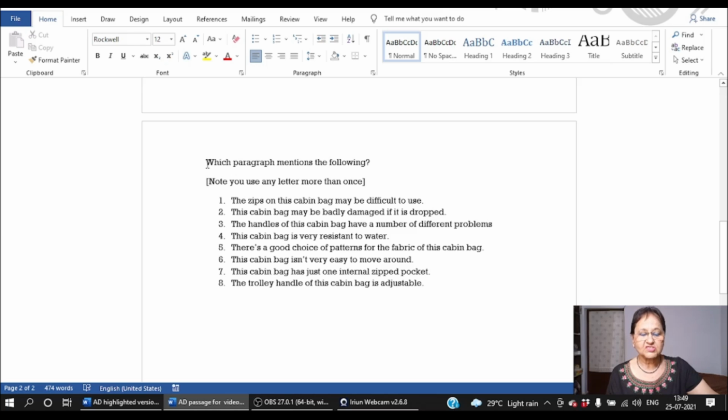Now what is the instruction given? You have to read it very carefully. The question is, which paragraph mentions the following? That means, out of 1 to 8, which of these pieces of information are mentioned in the passage?